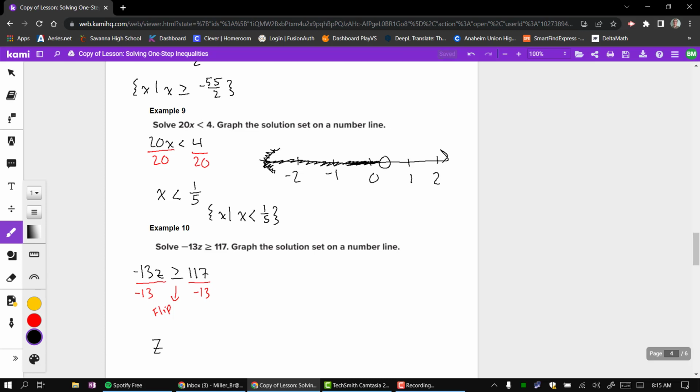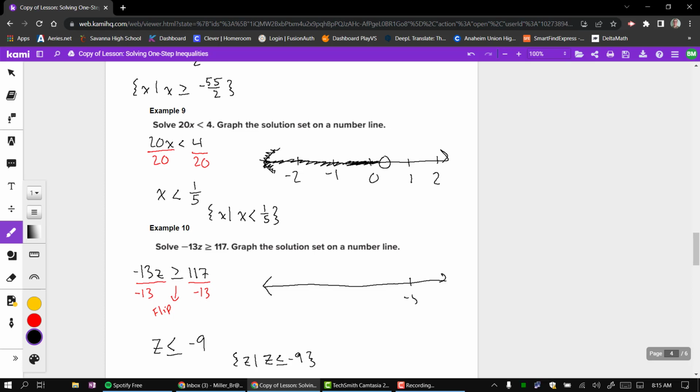I flip the sign so it goes from greater than or equal to to less than or equal to. And 117 divided by 13 is 9, so that's -9. So we want all values of z such that z is less than or equal to -9.